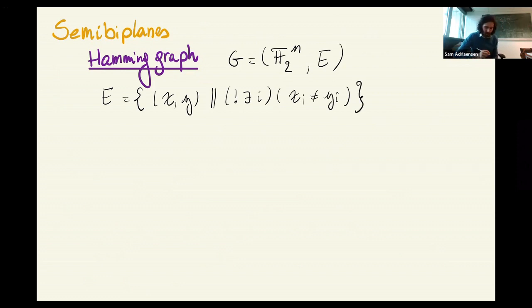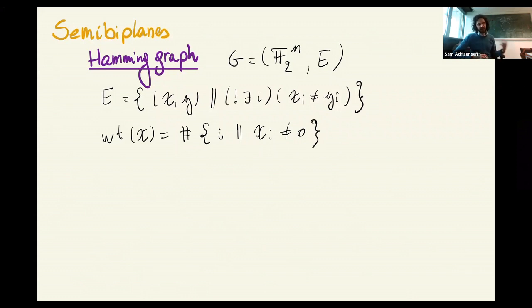This is a bipartite graph, right? Because you can define the weight of any vector as its Hamming distance from the 0 vector, so just the number of positions i such that x_i is different from 0. And if you take a vector of even weight, it's only adjacent to vectors of odd weight and vice versa. So this gives you a bipartite graph.